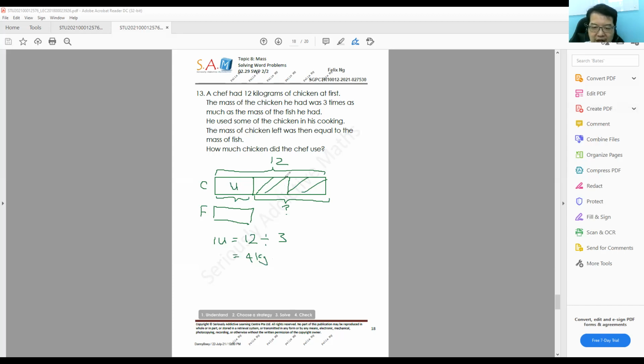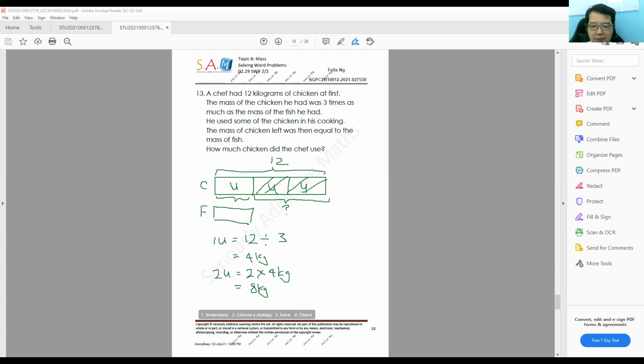Okay, now you're supposed to find how much chicken he used. So this is another U here. This is another U here. That means 2 units equals 2 times 4 kg. And the answer is 8 kg. Right?